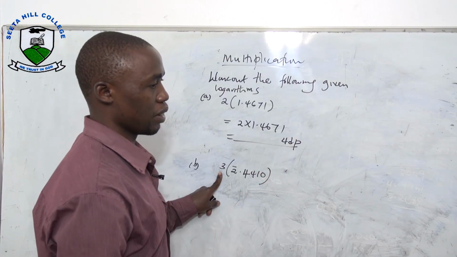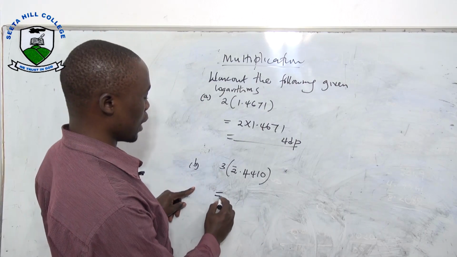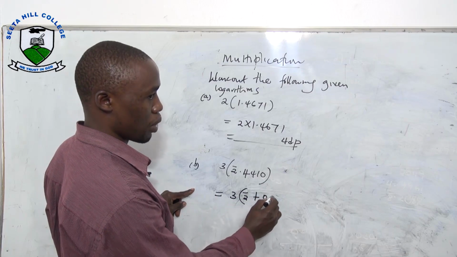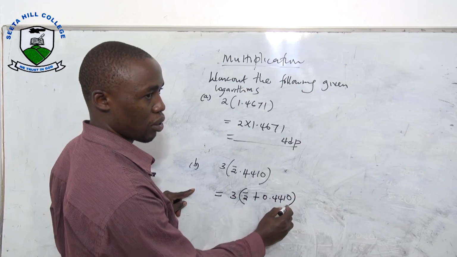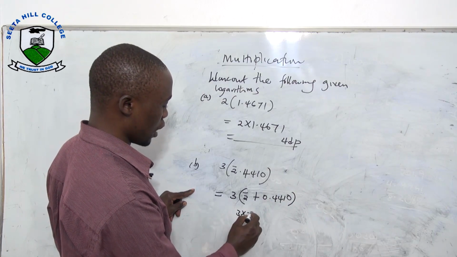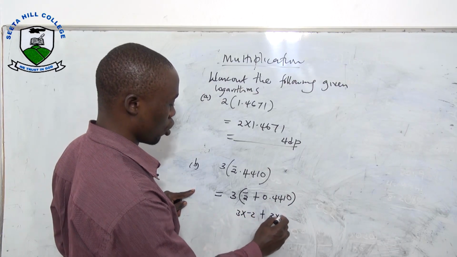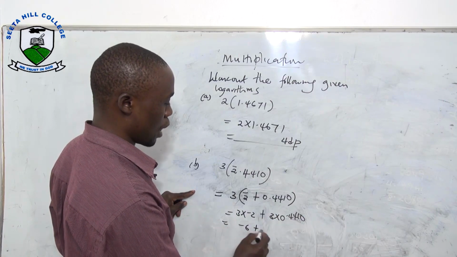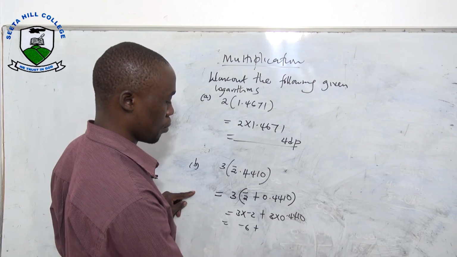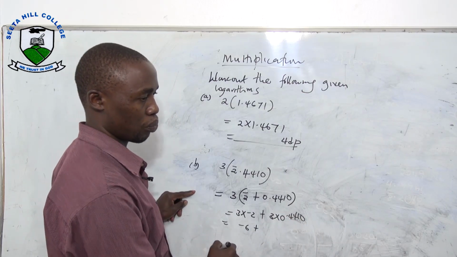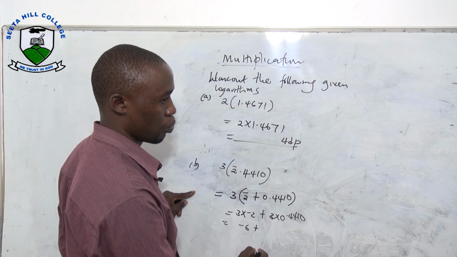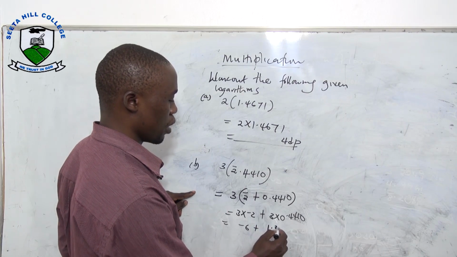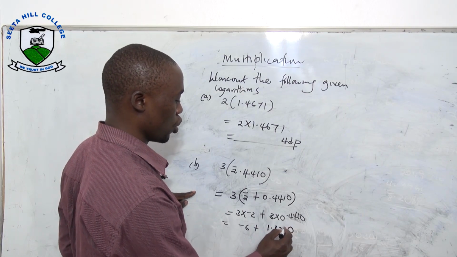But when it's negative, we separate the mantissa from the characteristic. So it's negative 2 plus 0.4410. Multiply this 3 times negative 2 plus 3 times 0.4410. So you'll get negative 6 plus what? Somebody with a calculator here. 1.3230, not so?